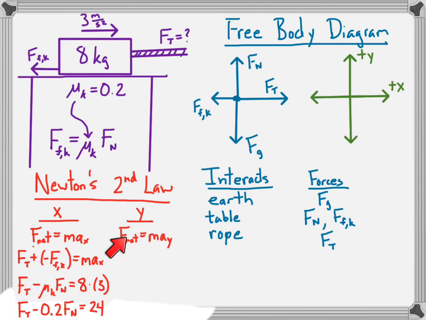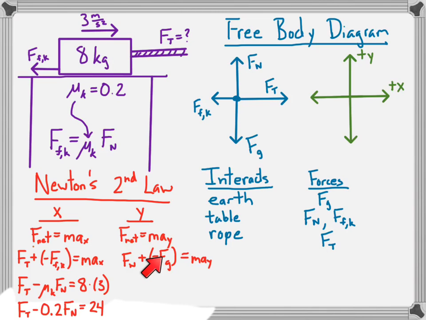Alright, so let's substitute some things in here for Newton's second law in the y direction. Now I'm considering only the forces in the y direction, and those forces are normal force and gravitational force. Since gravitational force is pointing down, I want to make this a negative sign.